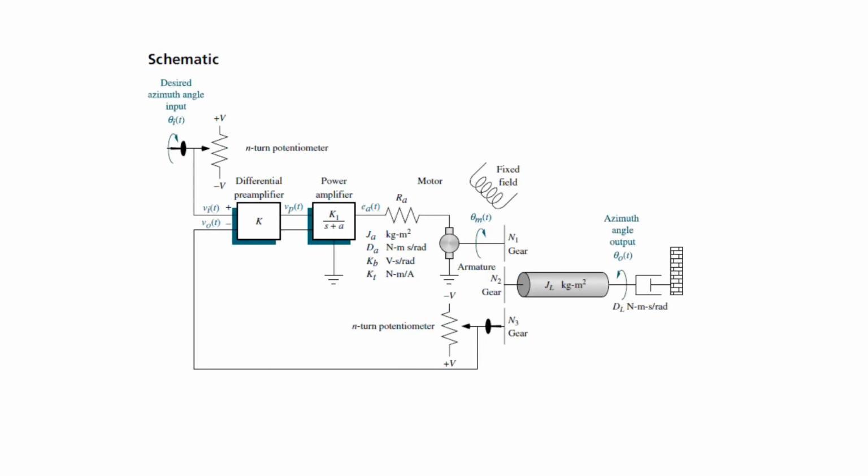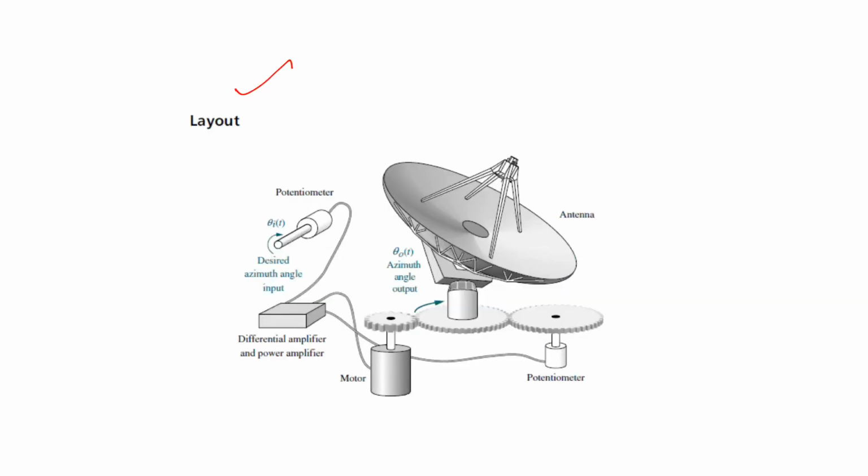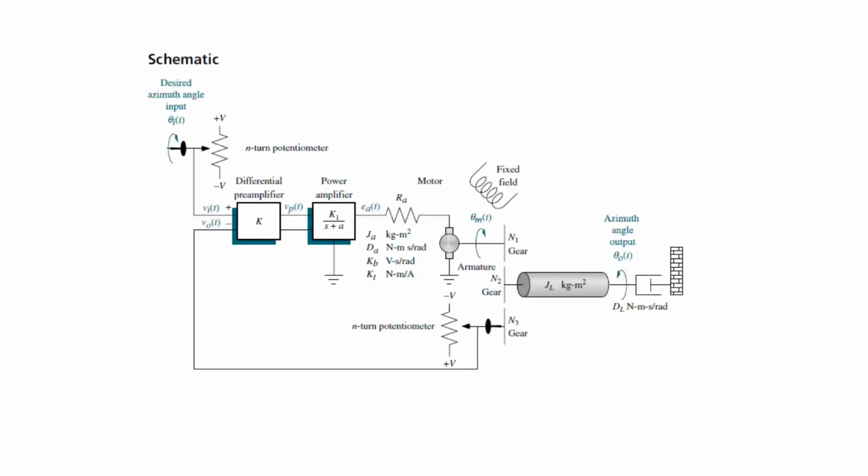Now after finding the transfer functions associated with all these rotational and translational elements, we find the final transfer function diagram of that antenna control system. Previously it was the differential amplifier, then power amplifier, then the motor, then some translational and rotational mechanism, and then we control the azimuthal angle.